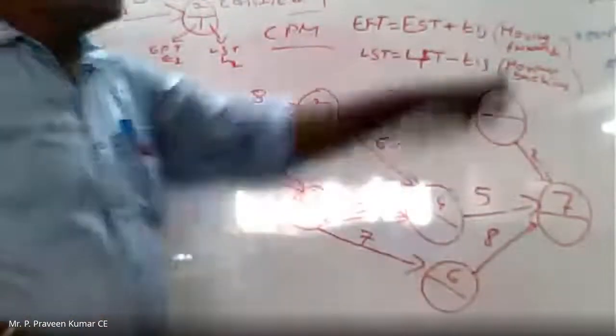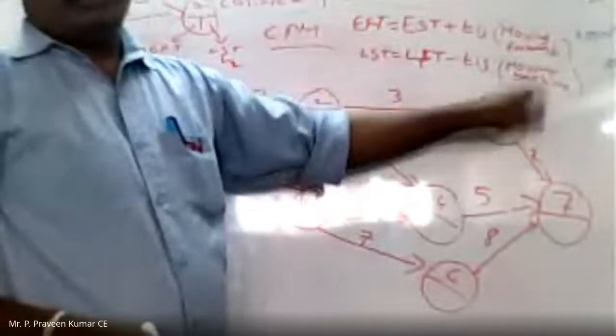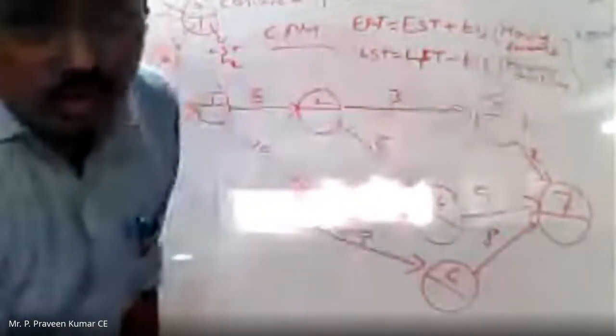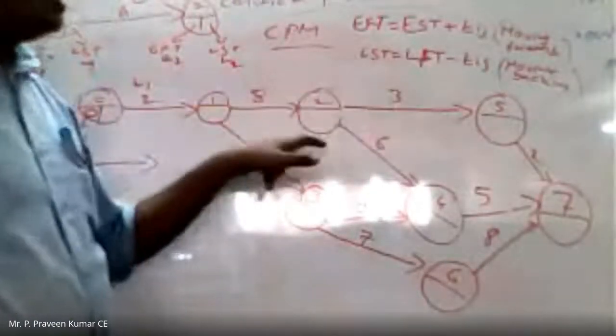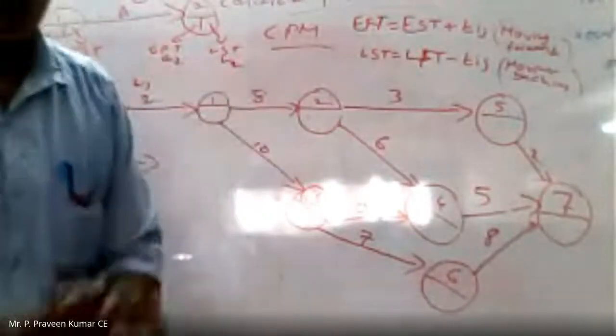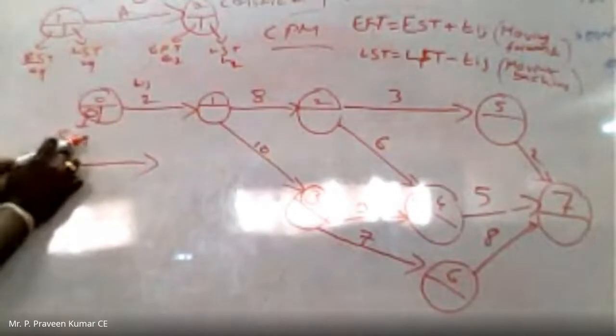That's why I have written here moving forward and moving backward. You need to fix that formula in your mind. By knowing these formulas only, you can calculate the remaining part of the network diagram. Okay, now see here. The first part, EST, is 0.